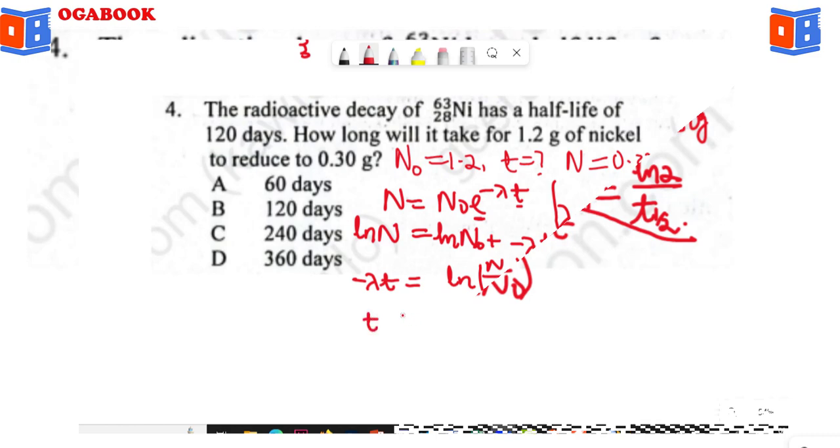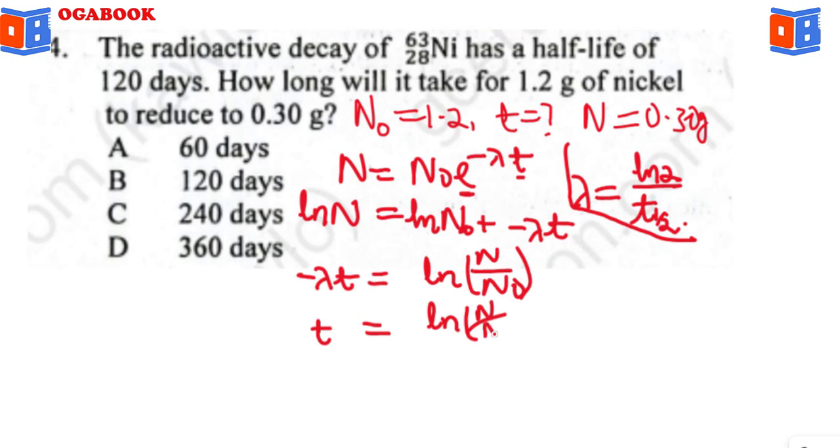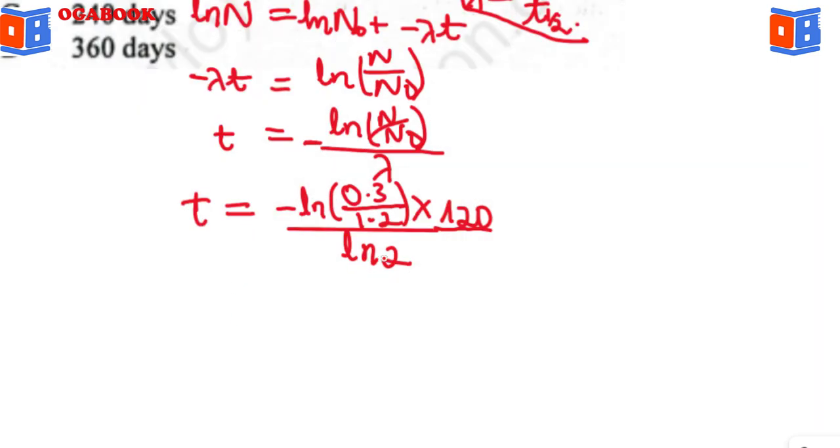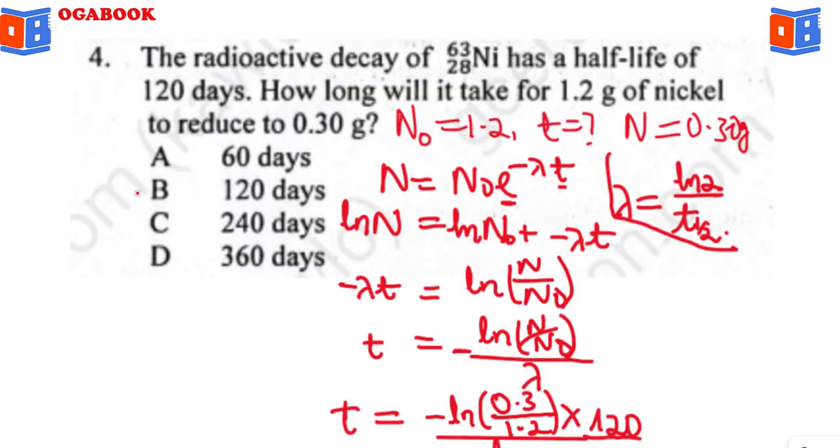So T is going to be equal to ln (N divided by N0), all that over lambda, which of course is going to be negative here. So when we substitute the values given above, our time T is going to equal 240 days, making our answer equal to C.